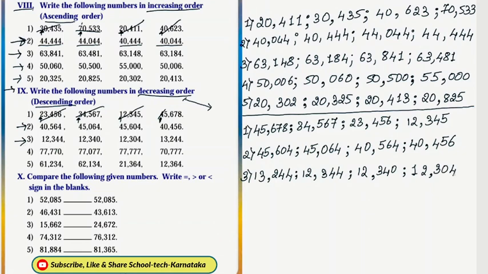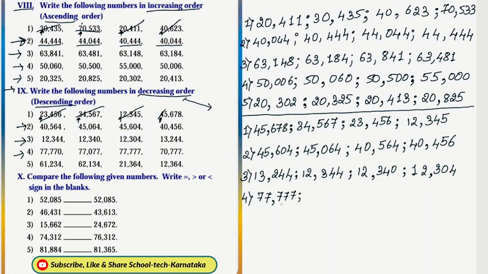12,304. Now with the fourth set of given numbers, we have 77,770, 77,077, 77,777 and 70,777. So we write the greatest number first, which is 77,777.